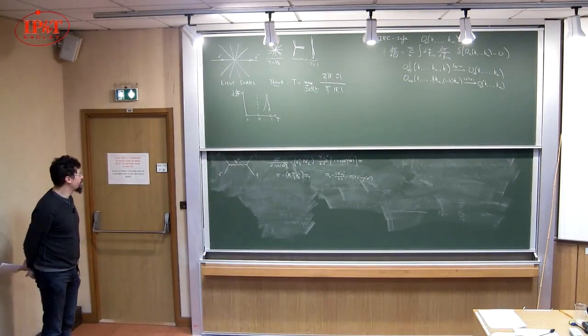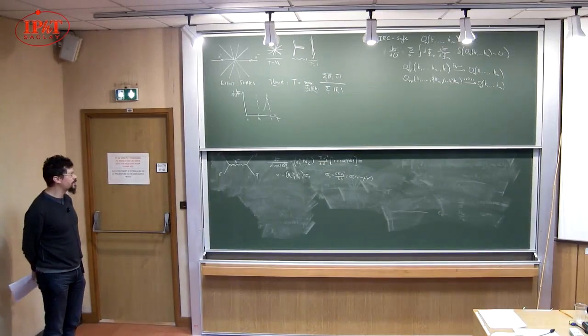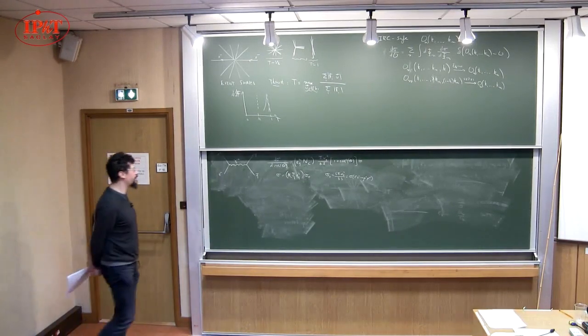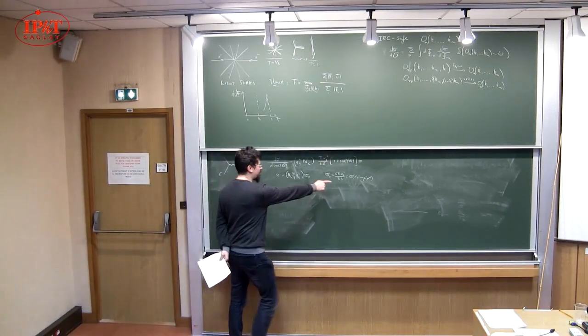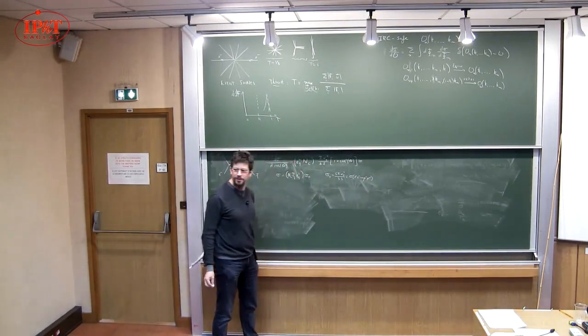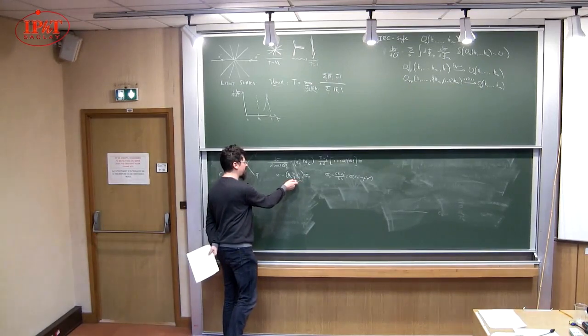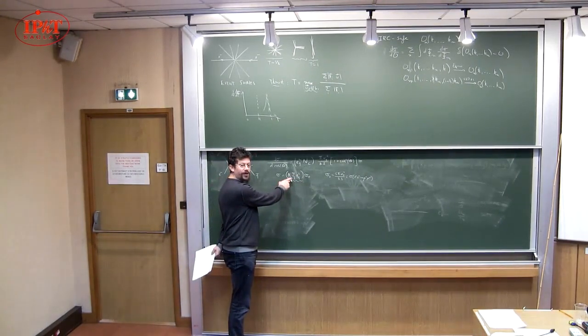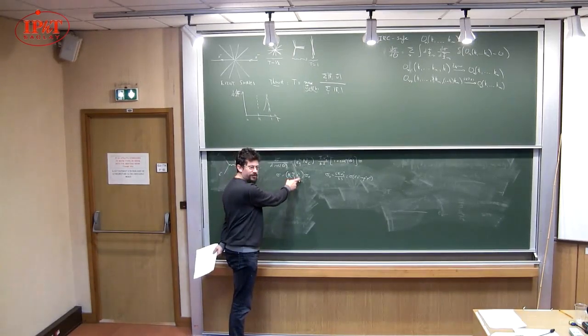Again, I don't want to spend too much time on this, but this is one place where you can learn about what QCD does, back in the days. If you measure E plus E minus going to QQ bar divided by E plus E minus going to mu plus mu minus, what you're probing is this factor here, which probes at the same time NC and the charges of the quarks.